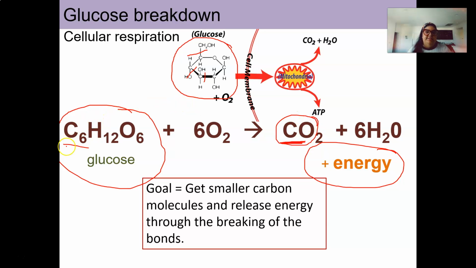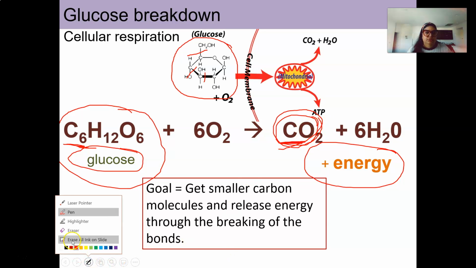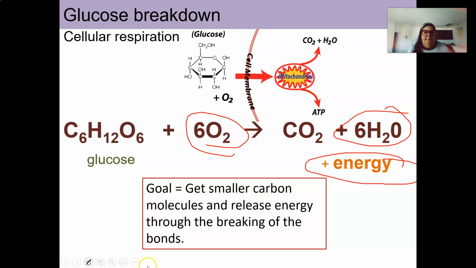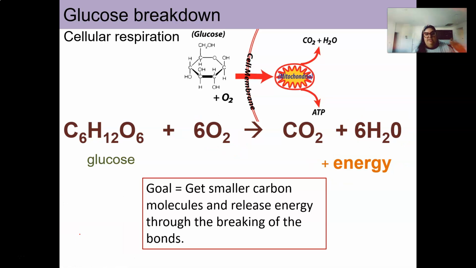So I was 6 carbons as glucose here, and I'm going to make single carbons as CO2. So I'm going to break some bonds, break it down. And in breaking those bonds, I'm going to make CO2 and most importantly, energy. And to do that, I need oxygen. And I also get some water out of it. So that's the goal. That is the goal of cellular respiration.